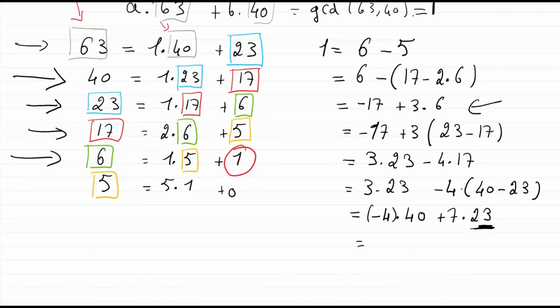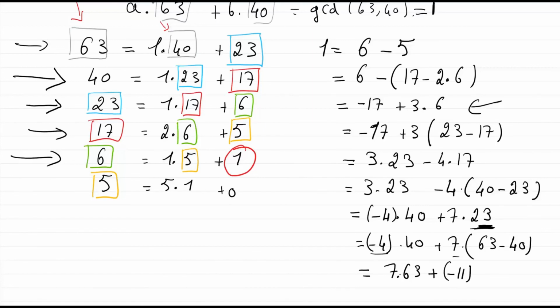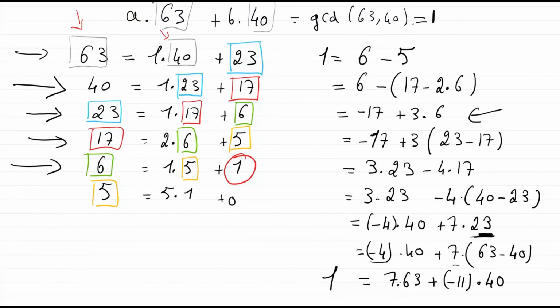So I get negative 4 times 40 plus 7 times 63 minus 40. And all this gives 7 times 63 plus negative 11 times 40. And this is indeed 1 if you make the calculation. And we answered our question by taking a equals 7 and b equals negative 11.